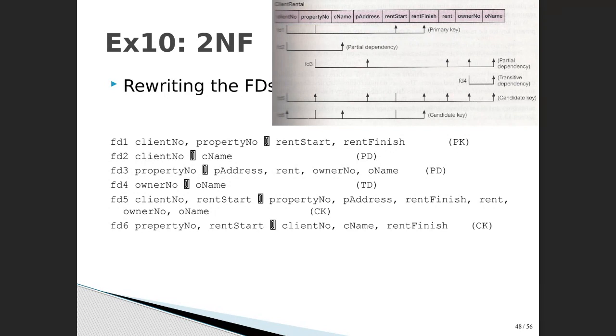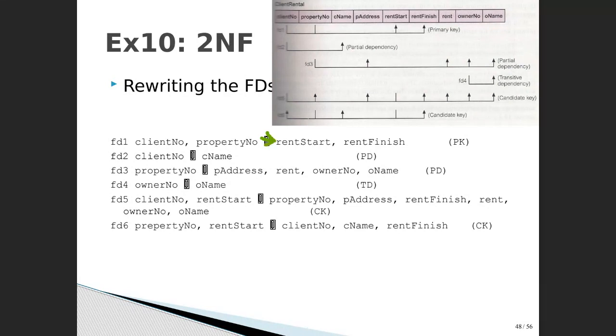This is not applied for all relations; it depends on the requirements, on the information provided by the enterprise, and on your understanding of the relationships between attributes. So the first functional dependency will be the primary key, with the arrow.